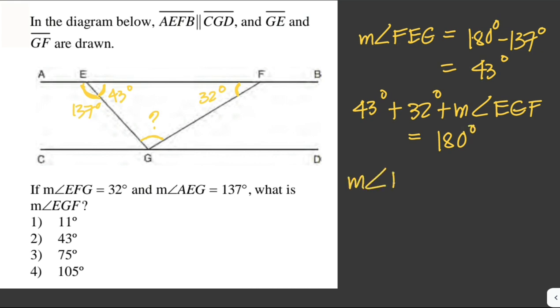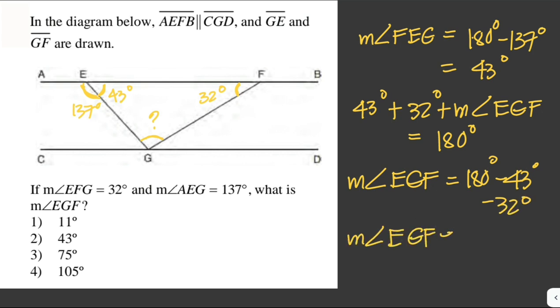Therefore, the measure of angle EGF is just equal to 180 degrees minus 43 minus 32, and that would be equal to 105 degrees. So the answer here is number 4.